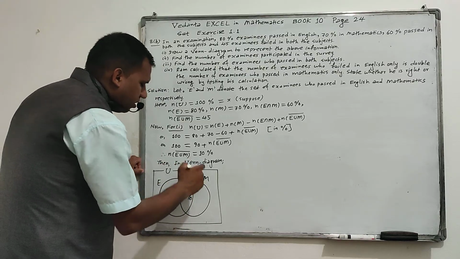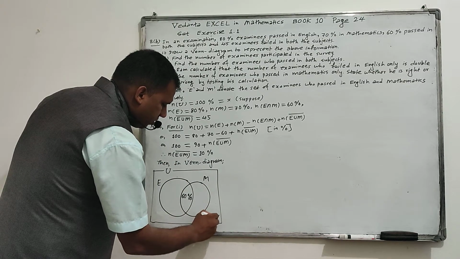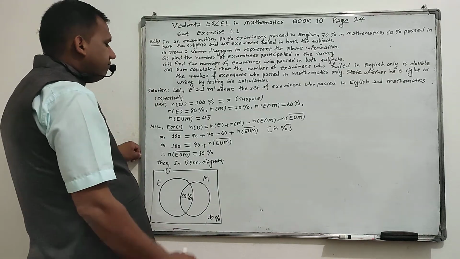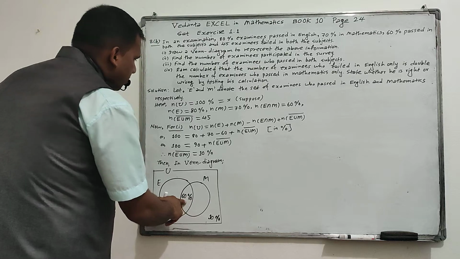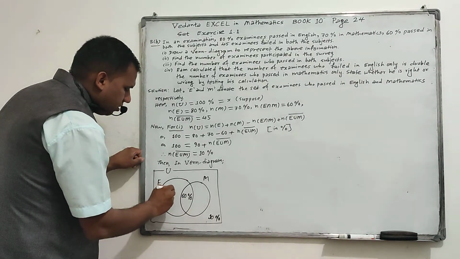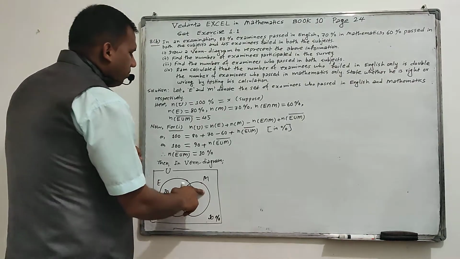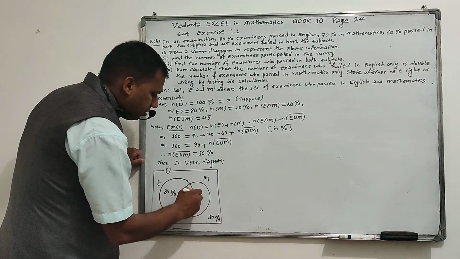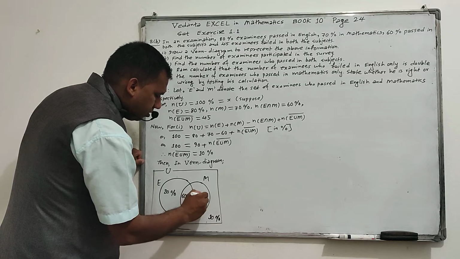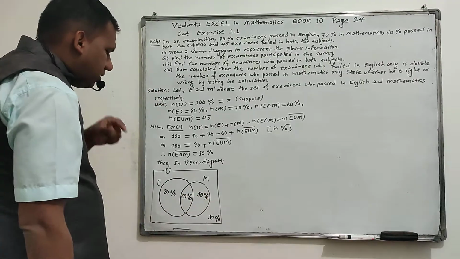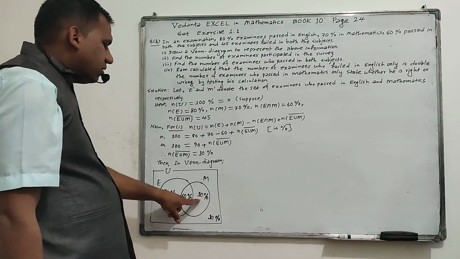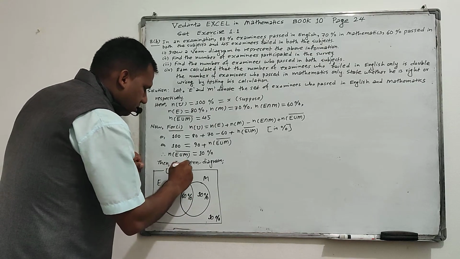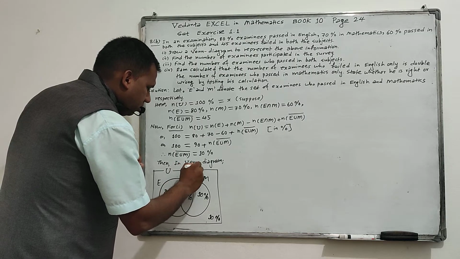Complement data is 10%, so 10% here. And E not M is 80 minus 60, that is 20%. M not E is 70 minus 60, that is 10%. So the total must be 100: 60 plus 20, 80, plus 10, 90, plus 10, 100%. Your number of U in percent is always 100%.